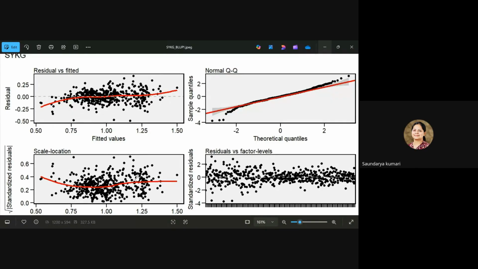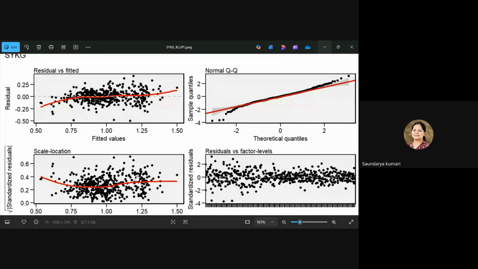Excuse me, sir, this dot point is a genotype? The plot is between the standardized residuals and the factors. Actually, it is the same as what we used to get in genome-wide analysis. The data points are represented by these dots.